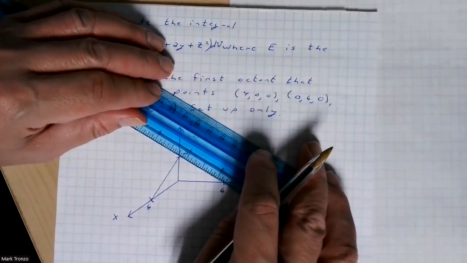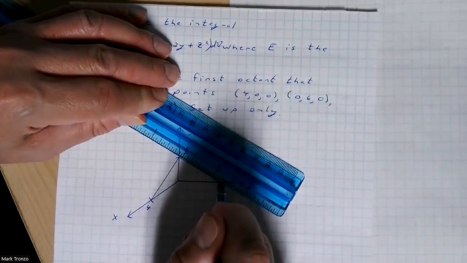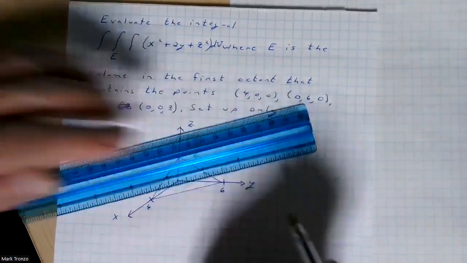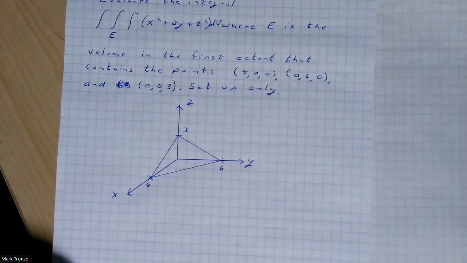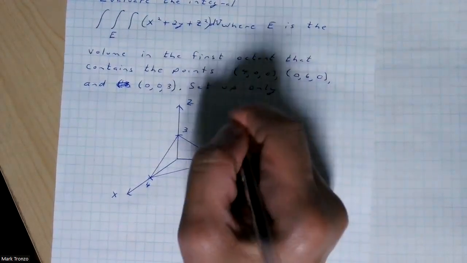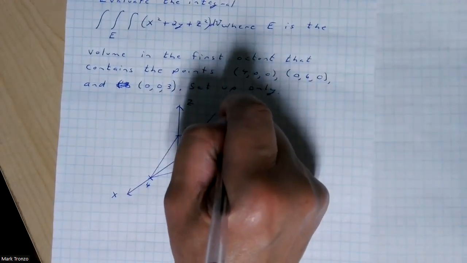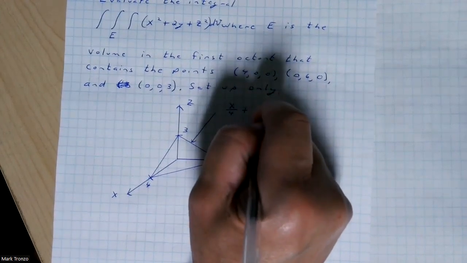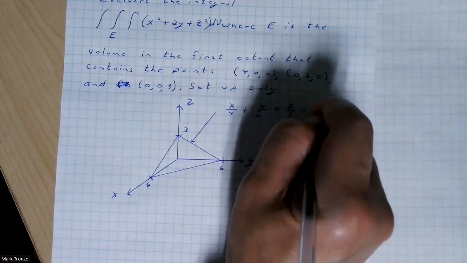So we want the volume within that region in the first octant, so something like this. And again, you remember, if you wanted to write the equation for the plane, this plane equation could be made by making x over 4 plus y over 6 plus z over 3 equal 1.